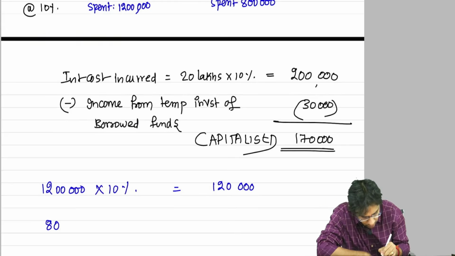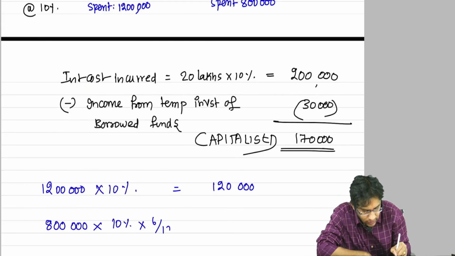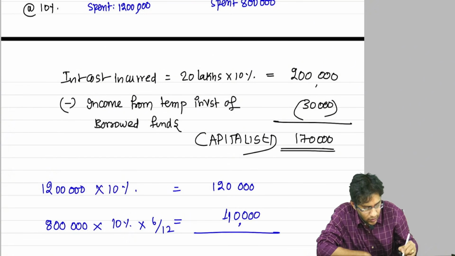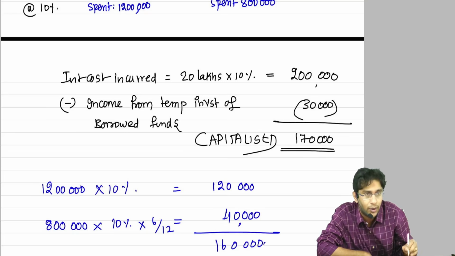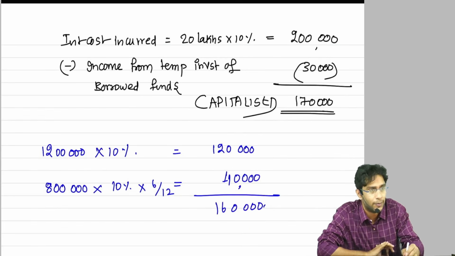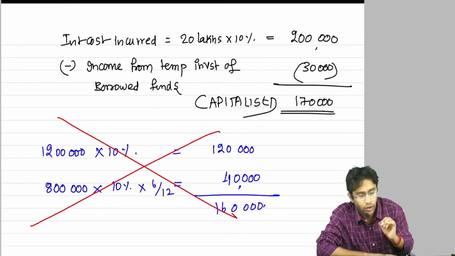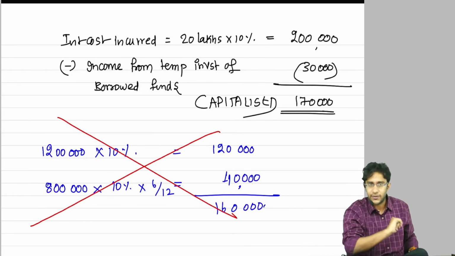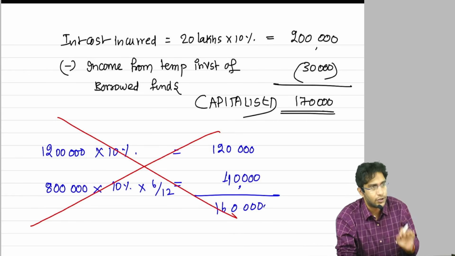So on 8 lakhs, 10% into 6 by 12, you should capitalize only 40,000. So total you should capitalize only 1,60,000. This is one argument people make. Wrong. Wrong, sir. Why is this wrong?